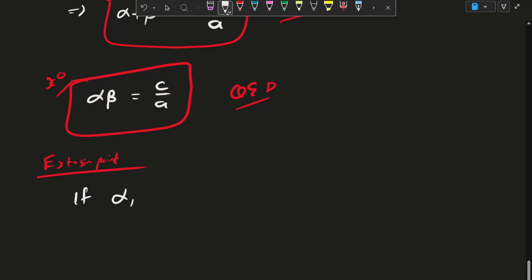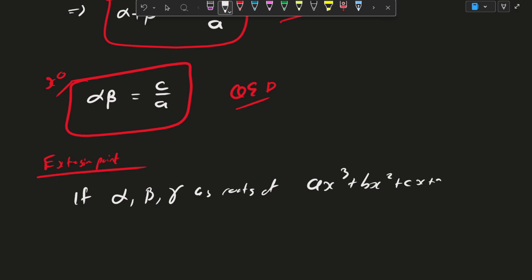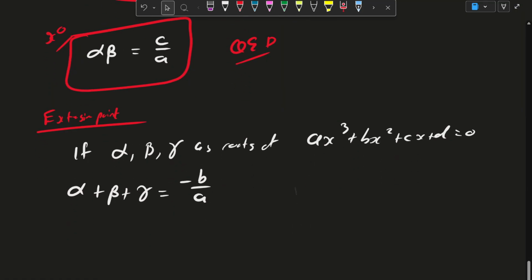if we have alpha, beta, and gamma as roots of some ax cubed plus bx squared plus cx plus d equals to 0, then we can rewrite that. The sum of the roots, alpha plus beta plus gamma, is going to be minus b divided by a.